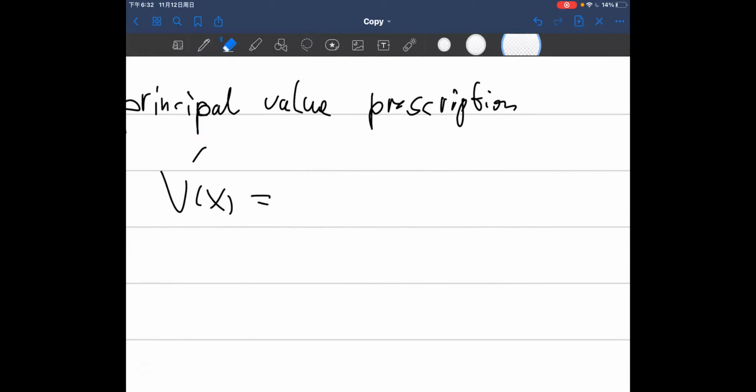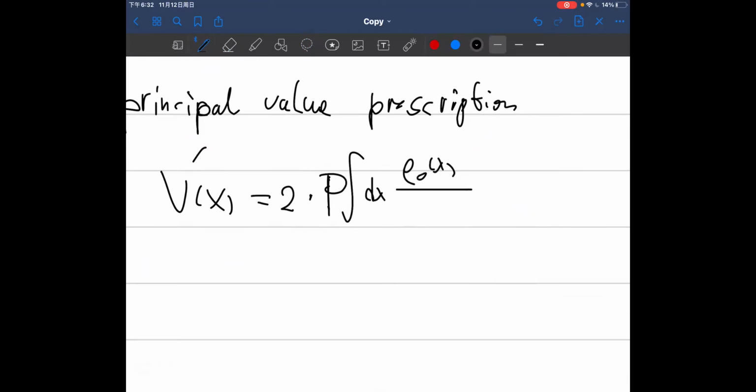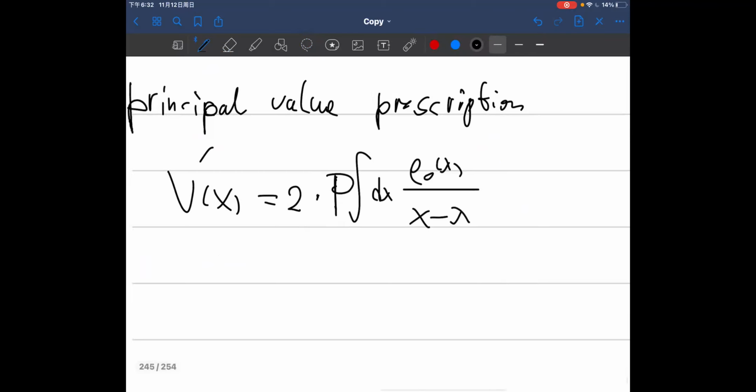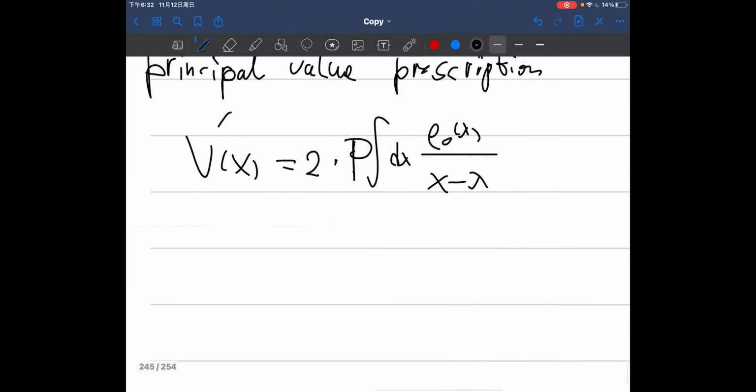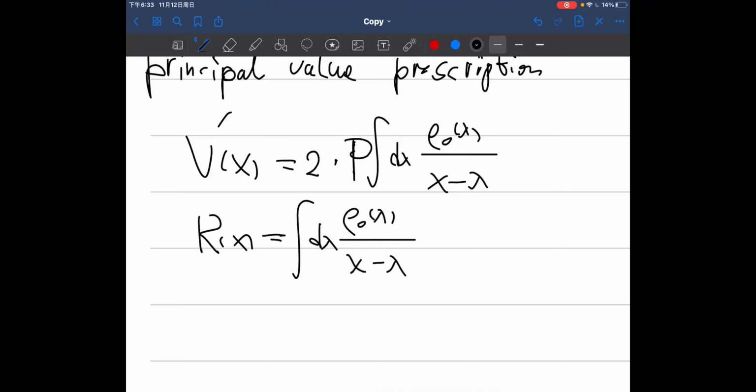So due to this integral being understood as the principal value prescription, we need to underline it, with a character P to denote that we just take the principal value of the integral. So 0 and this x minus lambda. And on the other hand, we know that R(x) by its definition is just the integral over x minus lambda.